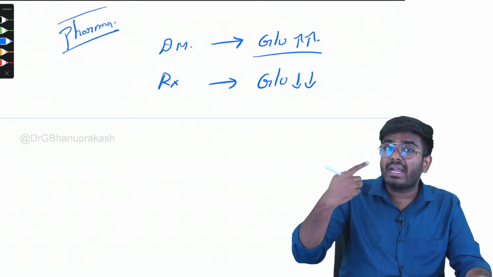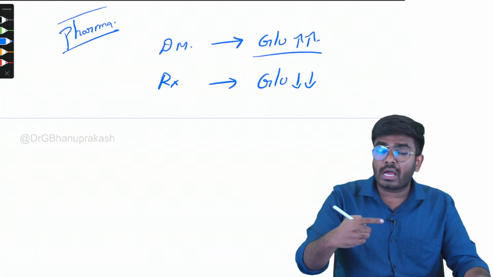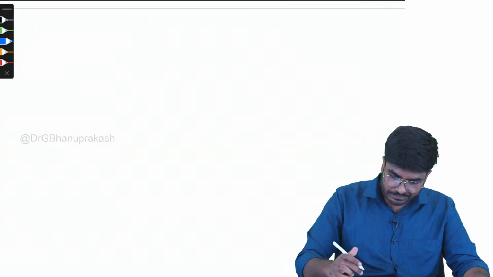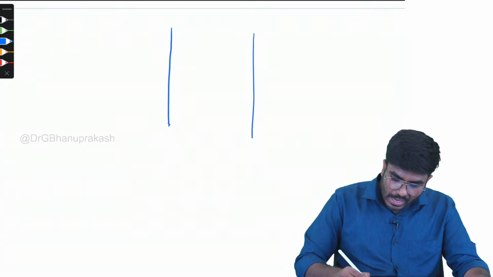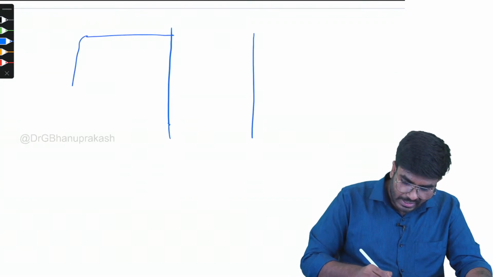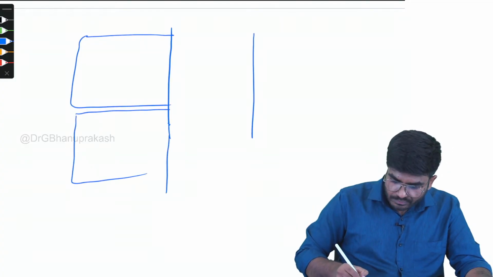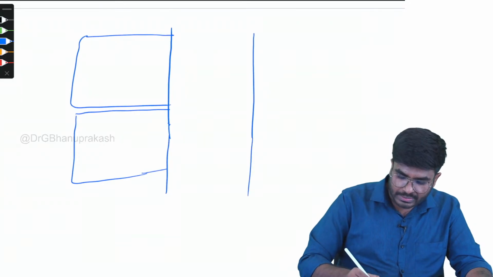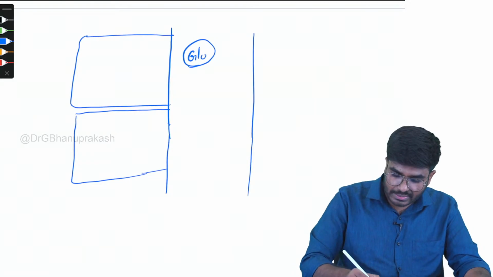By understanding the concept of the proximal convoluted tubule. See, I am showing you right now. This is the proximal convoluted tubule. I have taught you that 100% of glucose reabsorption and 100% of amino acid reabsorption will happen in the PCT.